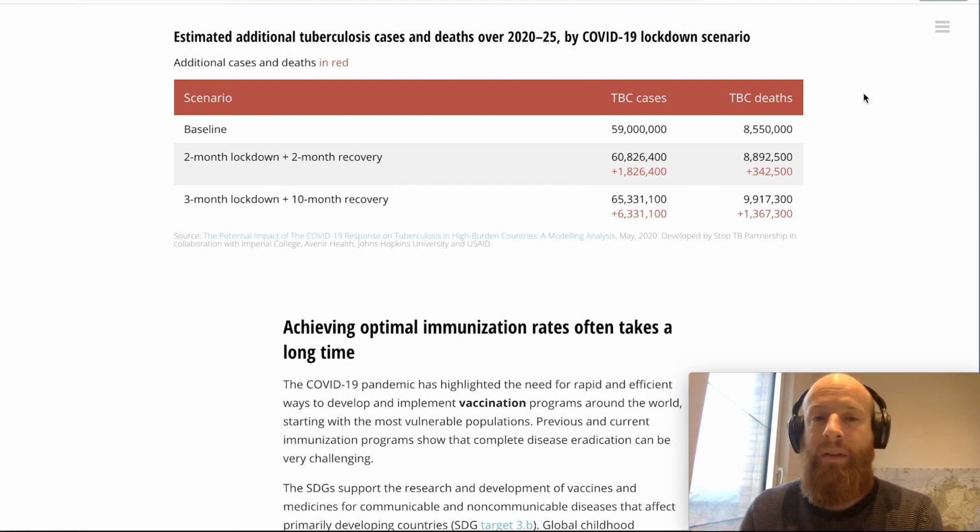I think a lot of this is still under the radar, and hopefully this will become visible in the data in the months and years to come, because I think it's something that's not very well understood by the general public: that COVID-19 has an impact outside of the COVID-19 disease itself, because it impacts healthcare systems, and this has real life consequences.